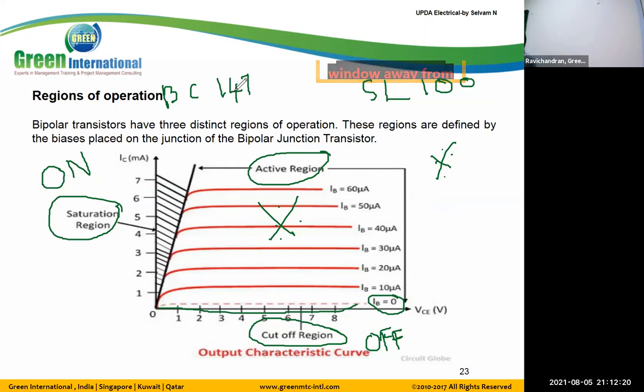The first letter represents the type of material, and the second letter represents the application, like low frequency or high frequency. I forgot the second letter, I will share it later. I didn't keep it in the slides because nowadays they don't ask about it, so I removed those slides.